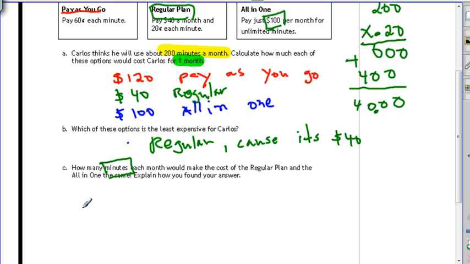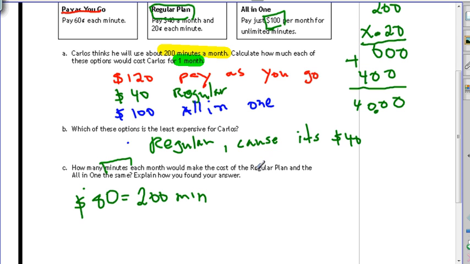Right now, I know that I pay $40, and it's going to get me, I'm sorry, not $40. I pay $80, and when I do the regular plan, $80 gets me 200 minutes.